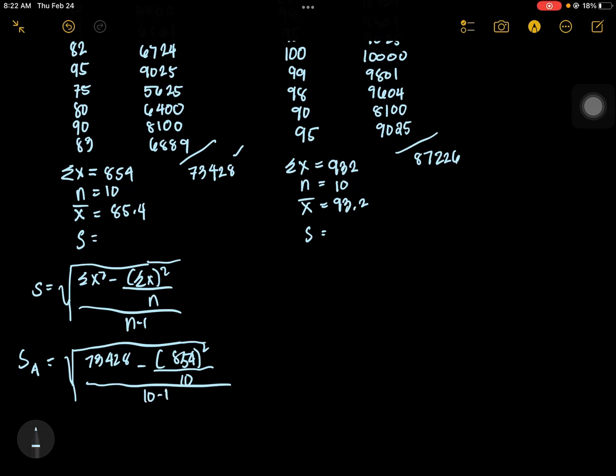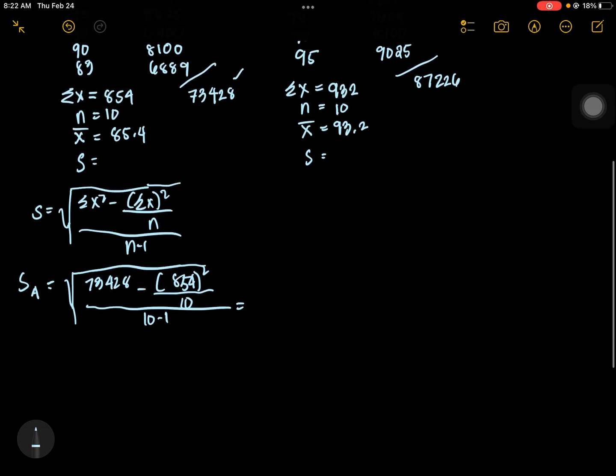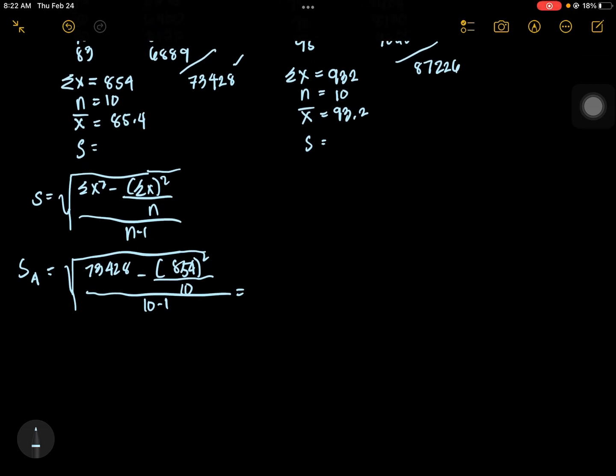Okay, you may use the calculator to solve this one. Now if you don't want to use the calculator, you can do it manually. So you have 73428. Now that is 854 times 854, 729316 divided by 10 all over 9.